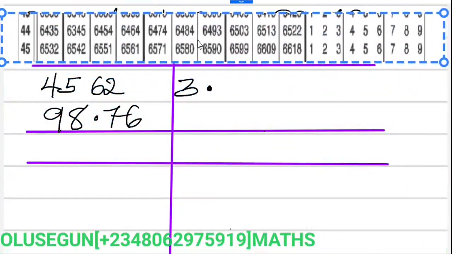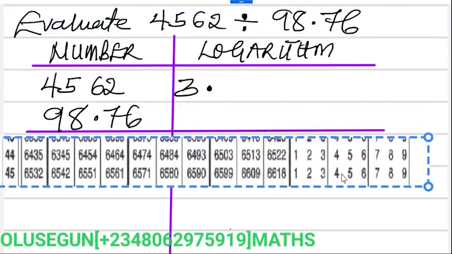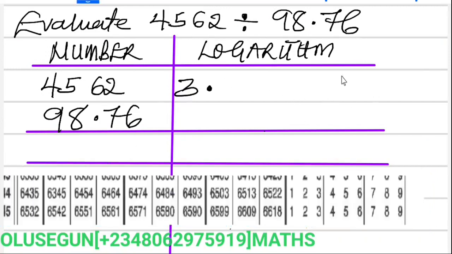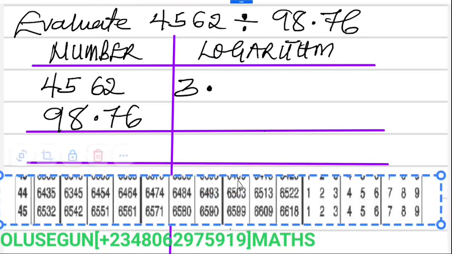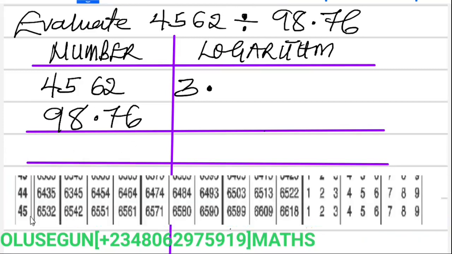In a rough work, this is 45. 45 under 6: 1, 2, 3, 4, 5, 6. That is 6590.